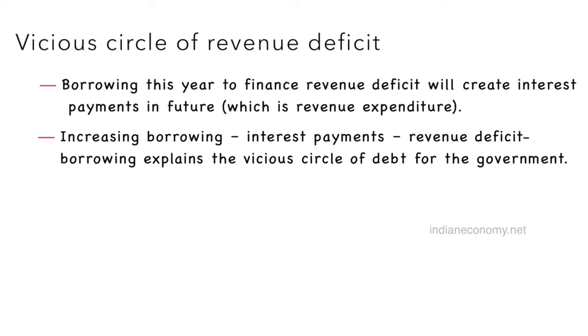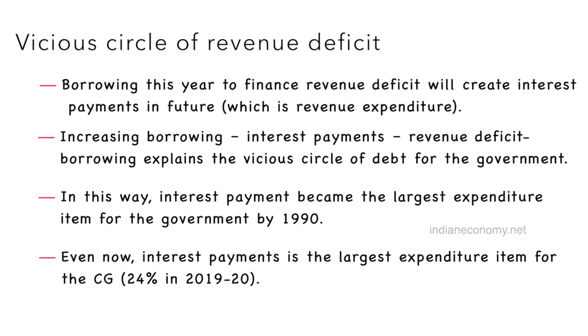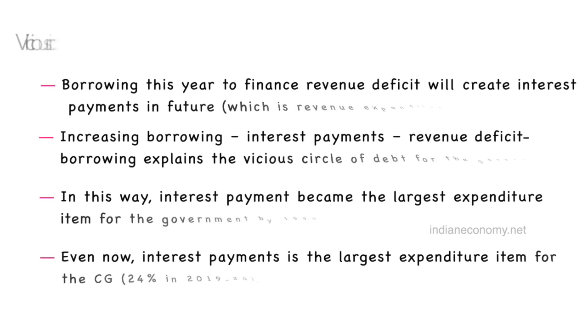This explains the vicious circle of debt for the government. You cannot escape from revenue deficit once it happens. Revenue deficit in India happened continuously from 1979 onwards, and in this way interest payment became the largest expenditure item for the government by 1990. Even now, interest payment is the largest expenditure item for the central government.